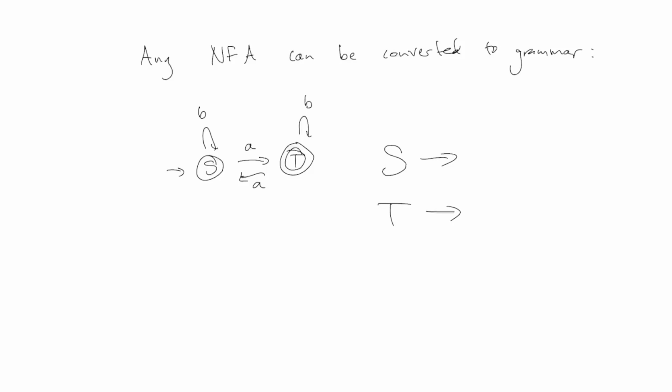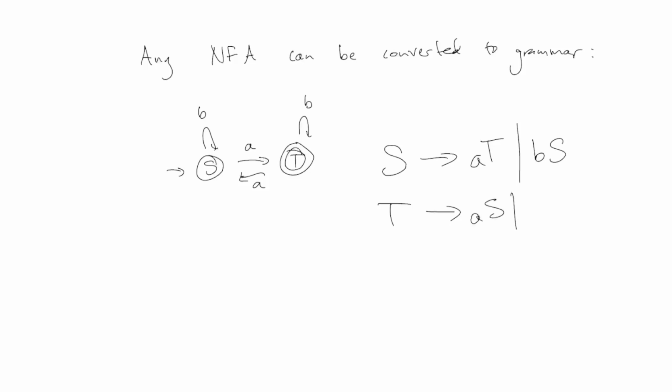And then the grammar productions, as they're called, are based on the transitions from the NFA or DFA. For instance, this arrow S goes to T with an A means in the grammar S goes to AT. There's also an arrow S goes back to S with a B, which makes the production S goes to BS. For T, I have an arrow T goes over to S with an A, so that makes T goes to AS.